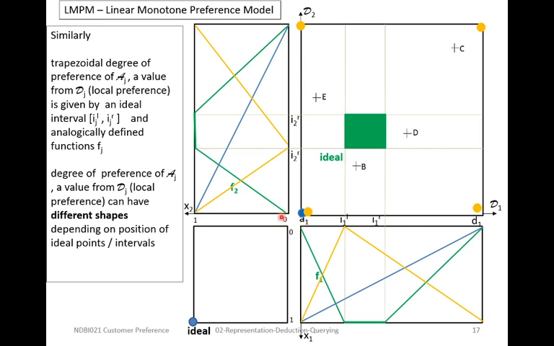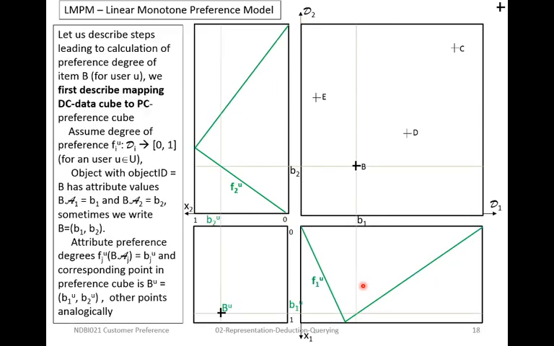And again here, we see that this yellow user has ideal points. So ideal points are here in these corners, these yellow corners. But all of this can be translated to the preference cube. And how it is translated to the preference cube is described here by a detailed construction.